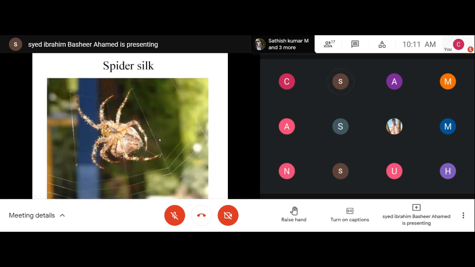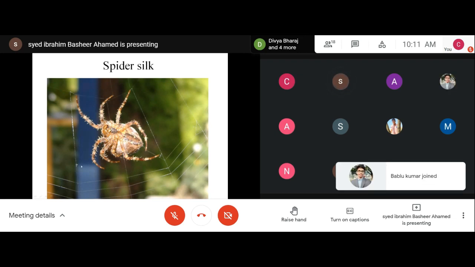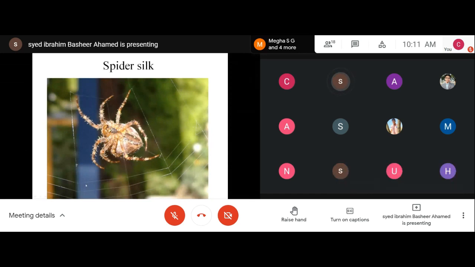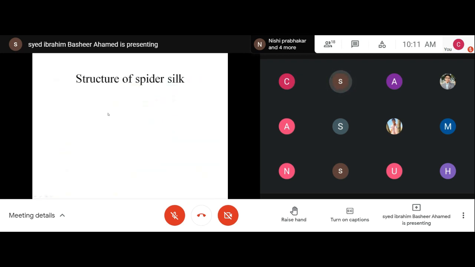Then there is the kind of structure that can be found in the spider web. This spider web is completely protein, made of beta strands only. So this web is a completely beta fibrous protein. We have seen alpha helix making fibrous protein, which is keratin.